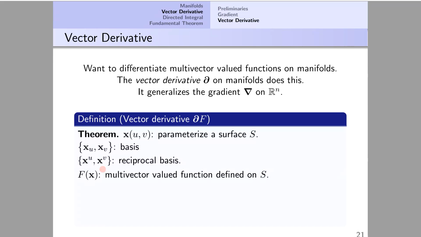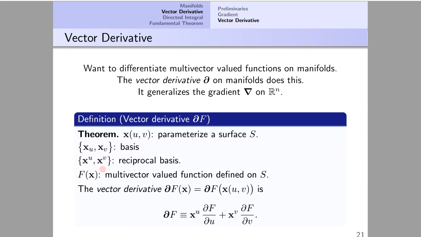Here is a multivector valued function defined on the surface, and here is its vector derivative. You see, it's rather like a gradient, except I use reciprocal vectors here rather than the vectors themselves, the reason being that x sub u and x sub v aren't necessarily orthogonal, so I need to use the reciprocal vectors here.